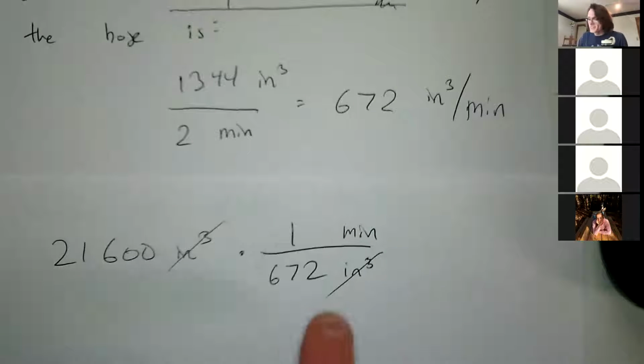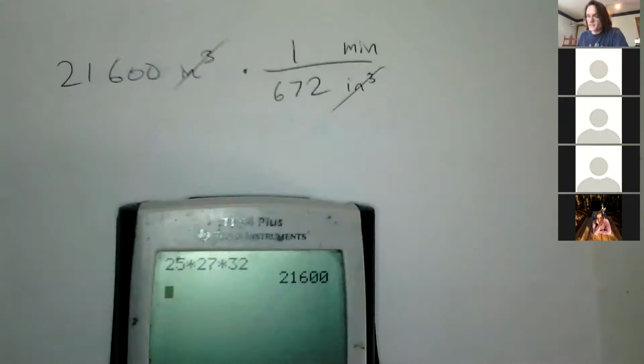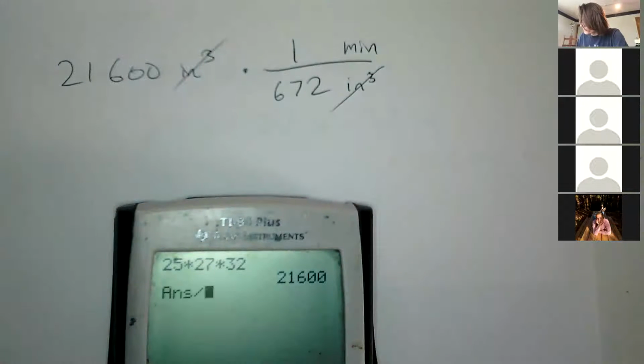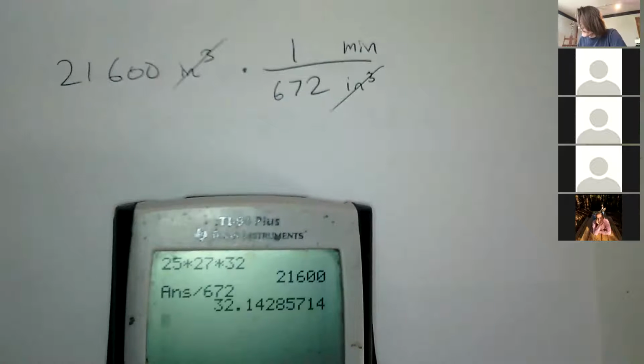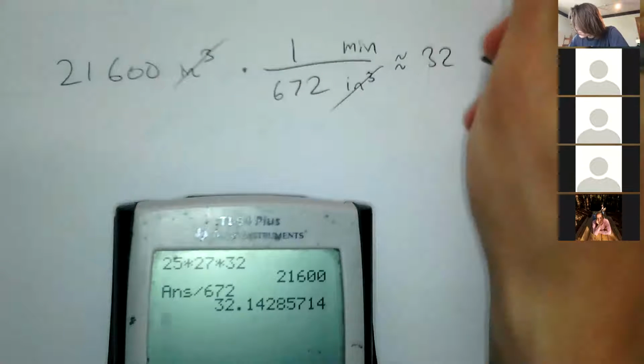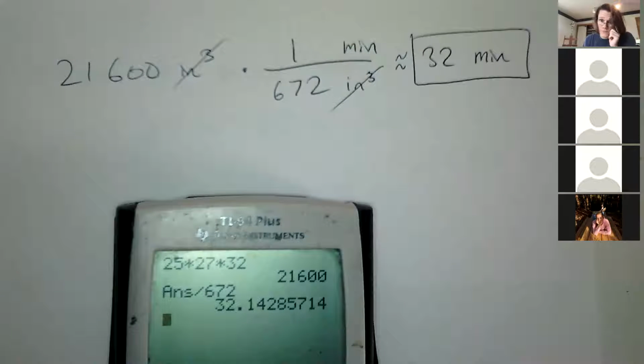Because when I solve this now, it's kind of amazing. When I plug this in my calculator, I divide 21,600 by 672. I get about 32. 32 minutes. So it takes 2 minutes to fill this small tank.